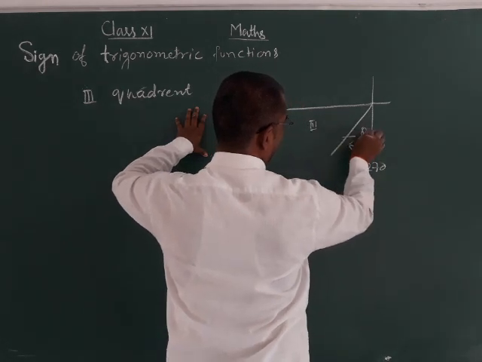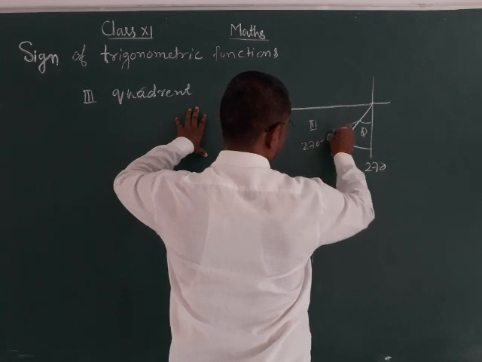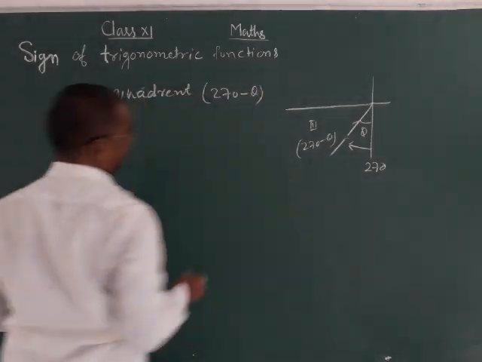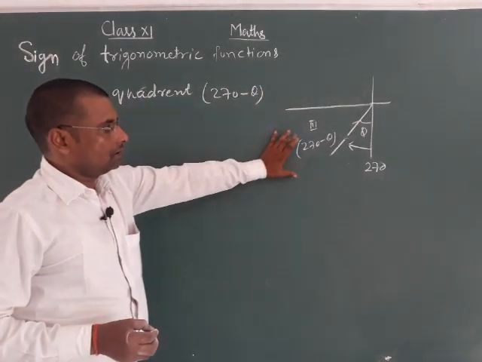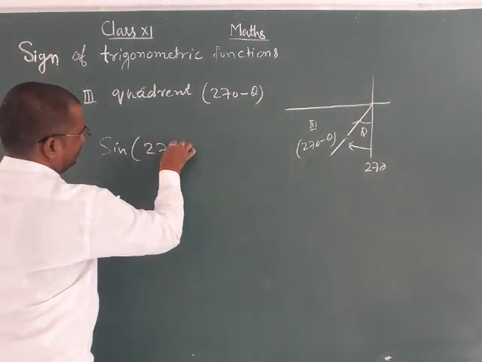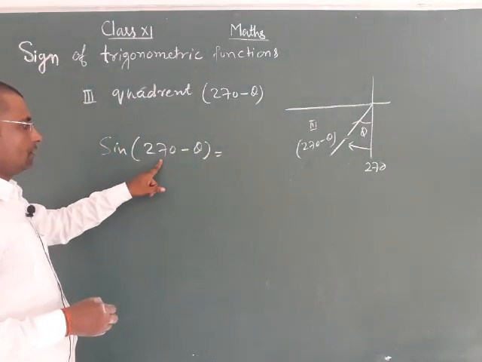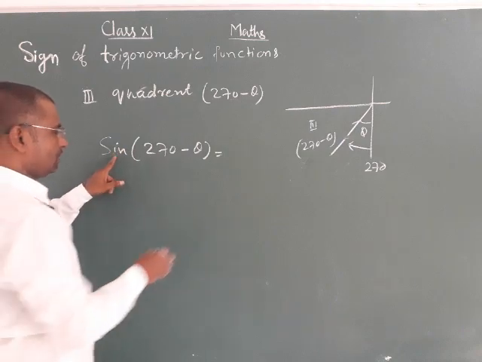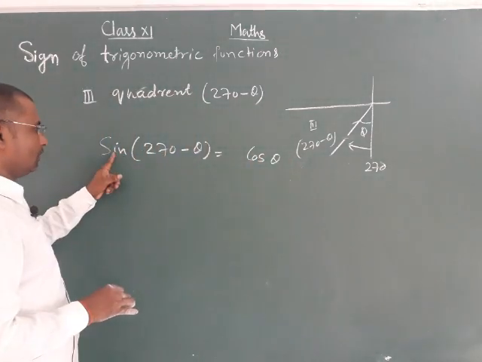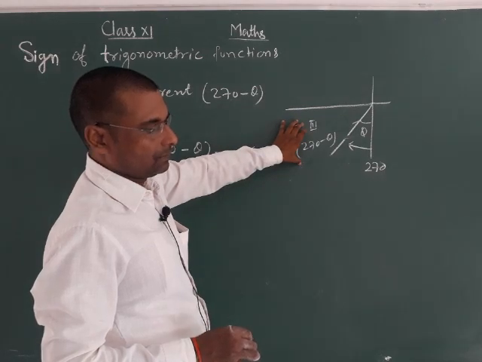So the angle forms 270 minus theta, in the third quadrant. Sin(270 minus theta): with 270, the ratio will change, sin becomes cos theta. In the third quadrant, tan and cot are positive and the remaining are negative.